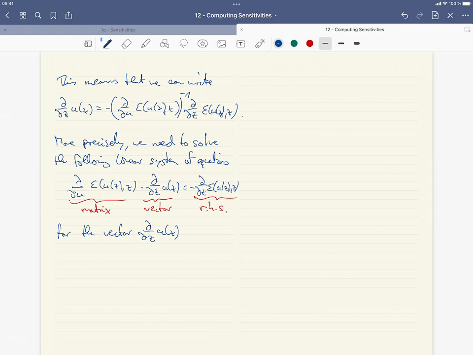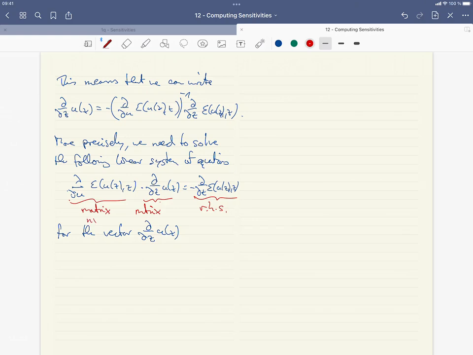Yeah, and it's a system, the size of the solution. So it's an n by n system. And it's not just one system of equations. It's actually d linear systems that we need to solve, because that actually is wrong. That actually is a matrix.